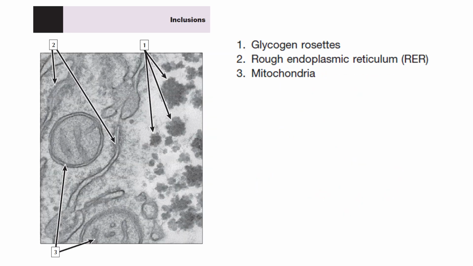This is a high magnification electron micrograph of the glycogen rosettes in a hepatocyte. Glycogen, which is a cytoplasmic inclusion, appears as small electron-dense particles. They are free in the cytoplasm and are not membrane-bound. These are glycogen rosettes, grape-like clusters.